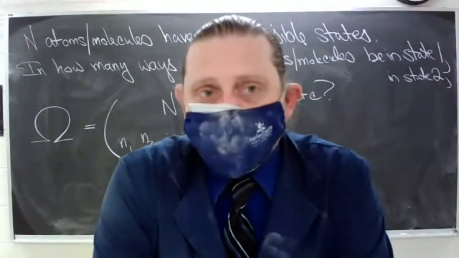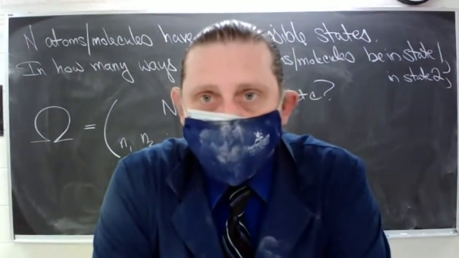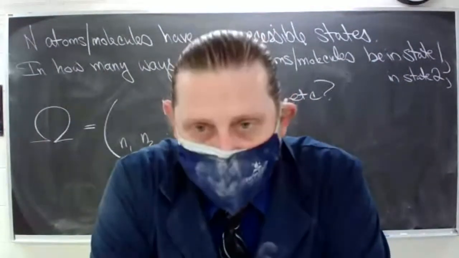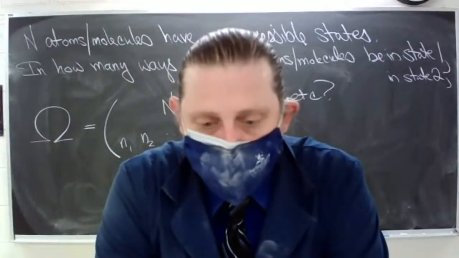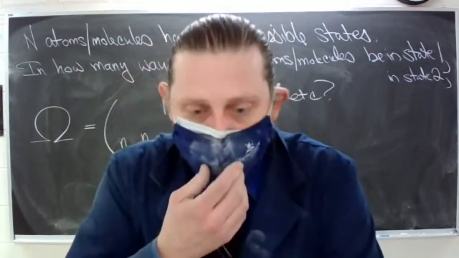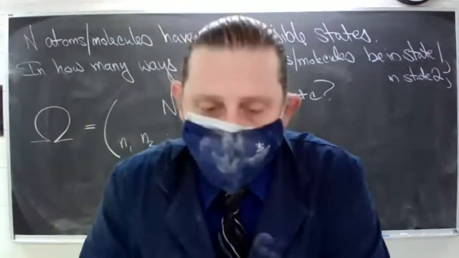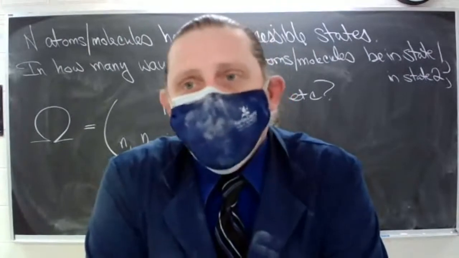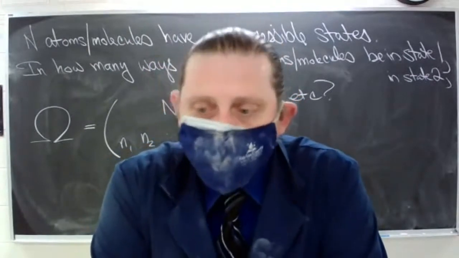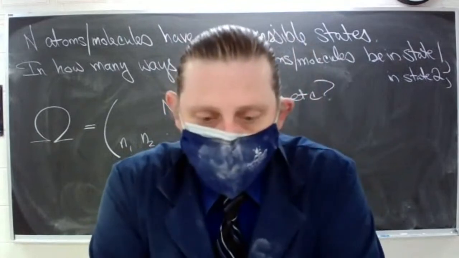But that's not extensive or intensive. Extensive was supposed to add, not multiply. Intensive was supposed to be the same. It's clearly not that. So what could we do? What can we do to change multiplication into addition?